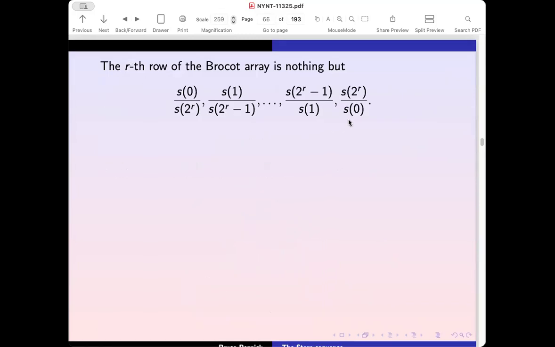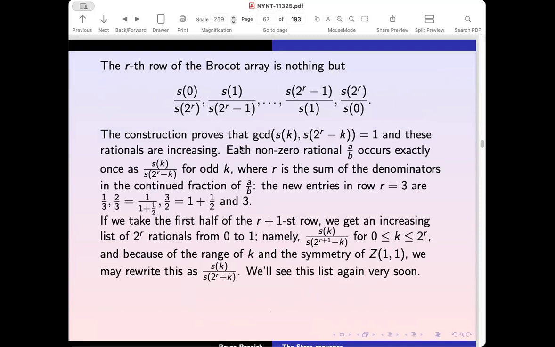The rth row of the Brocot array is exactly this, if you will allow me to say 1 over 0 as a fraction. And the construction proves that these are relatively prime. Each non-zero rational a over b occurs exactly once as s of k over s of 2^r minus k for odd k, where r is the sum of the denominators in the continued fraction.